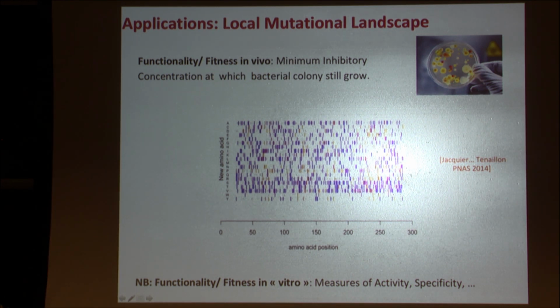How is the fitness measured? People remove the wild type protein, insert a mutated one, and look at the growth rate in the presence of antibiotics. They use the MIC, the minimum inhibitory concentration, as a proxy for the fitness. The higher it is, the more fit the protein is for the bacteria.